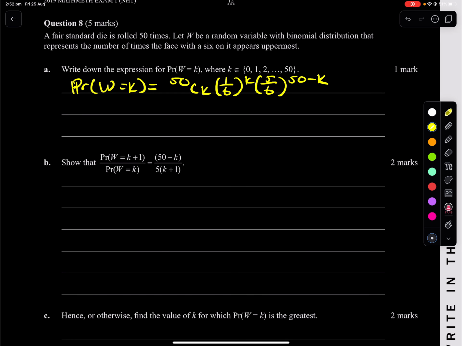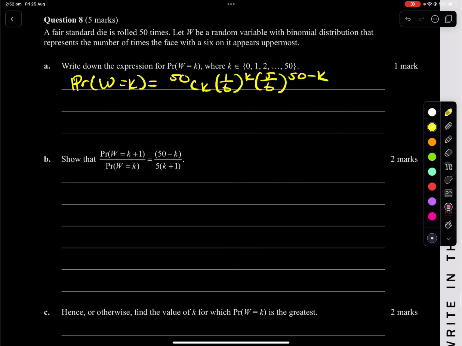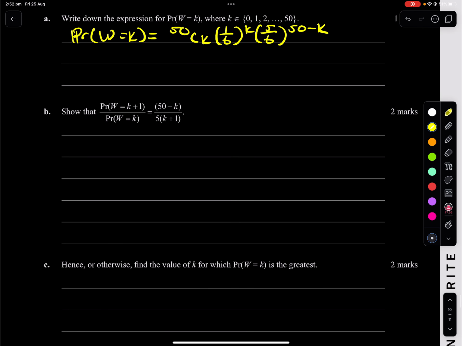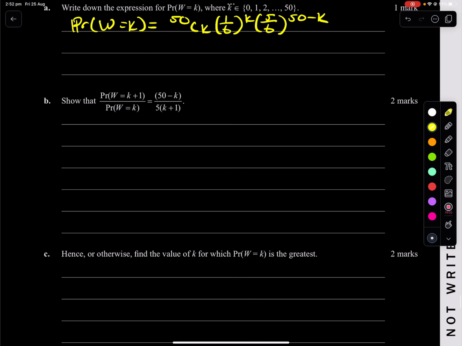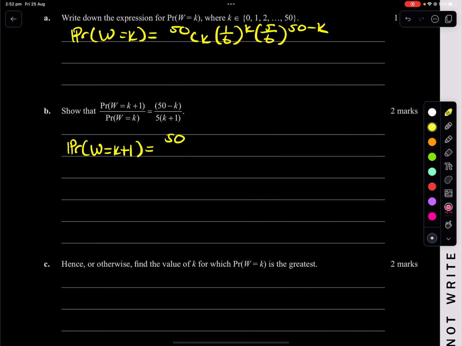Yeah, that's that. Yep, 50 this. Yeah, in terms of k. Show that this equals that. Okay, so what we're saying is probability of W equals k plus 1, which in this case is what? Well, it's 50 choose k plus 1. Probability of success is 1 over 6 to the k plus 1.